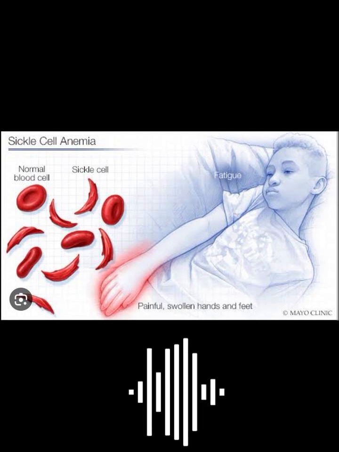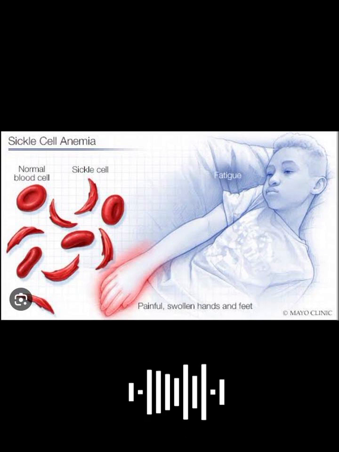When the sickle-shaped cell gets stuck in the small blood vessels, thus preventing normal blood flow, the blockage causes severe pain in the arms, legs, back, and stomach. It may also lead to stiff and painful joints and swelling of the hands and feet. Pain is the principal symptom of sickle cell anemia in both children and adults.